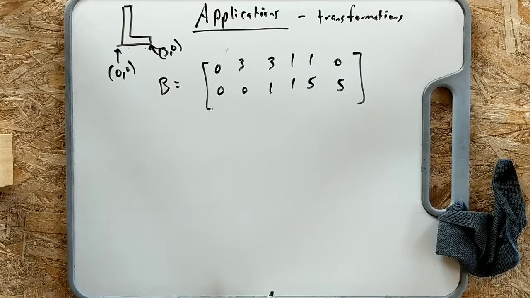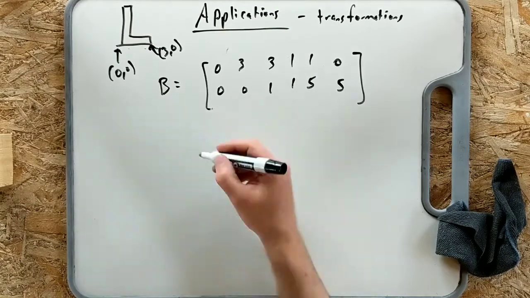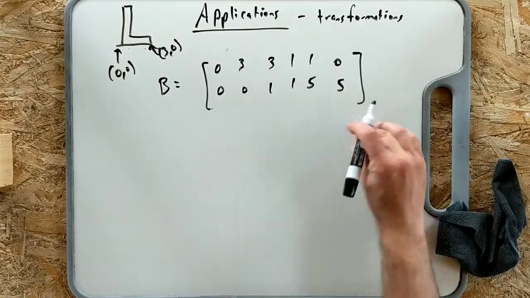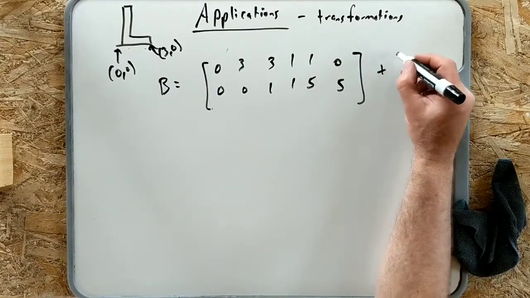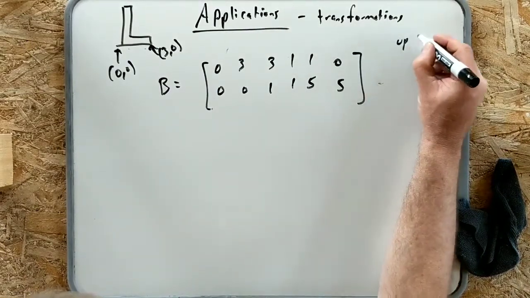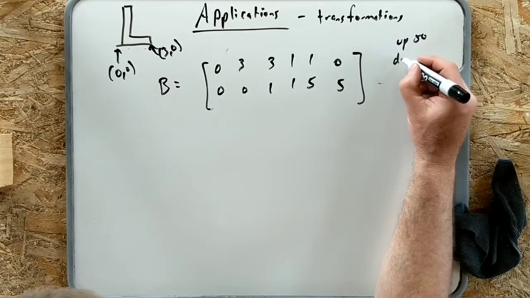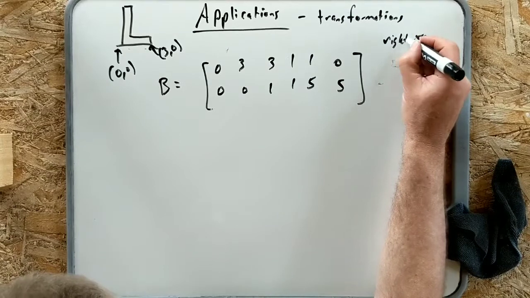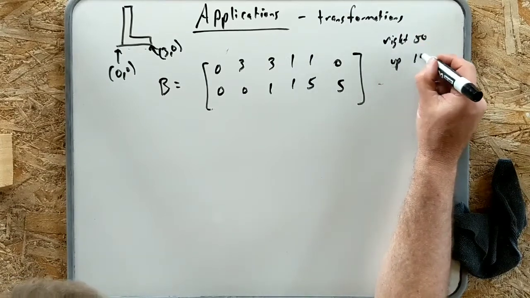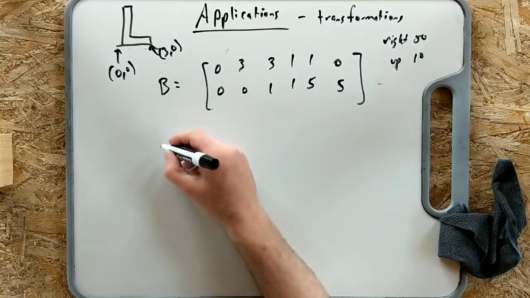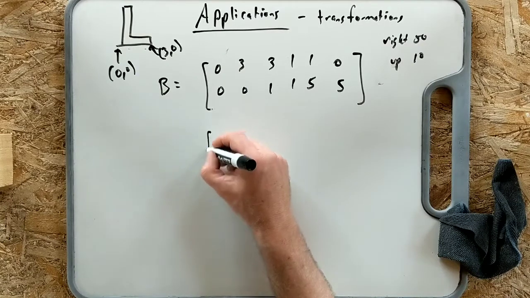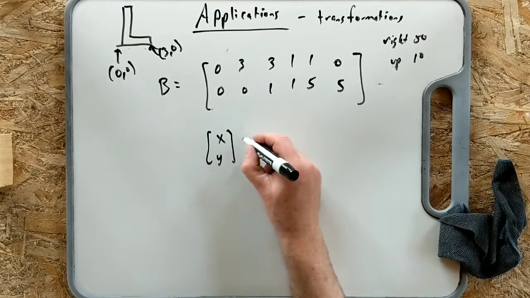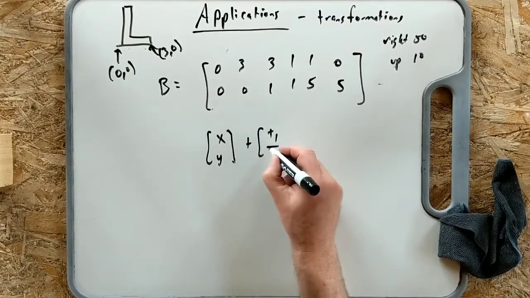Now, if you want to transform these, all you have to do is, for example, let's say I want to take your whole screen, you swiped it up, and you moved it over, let's say right 50 and up 10. So what I would do to do that, remember the transformation is just the points of x, y plus your transformation.